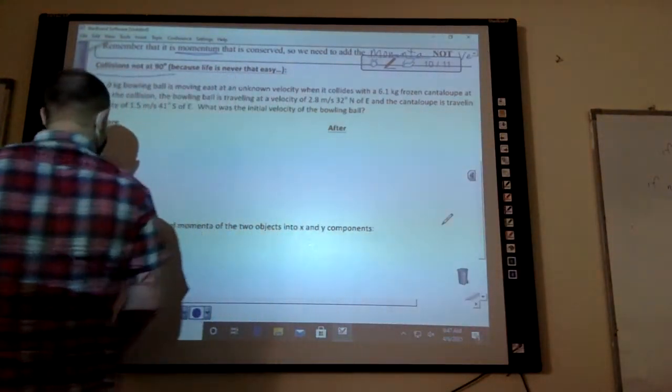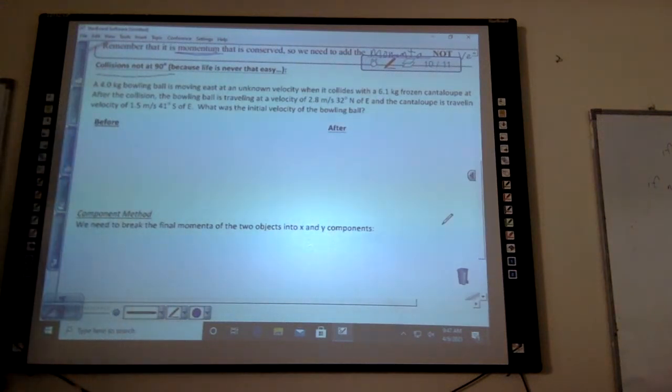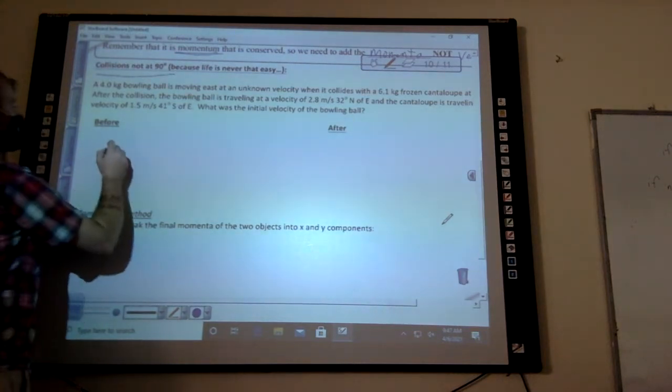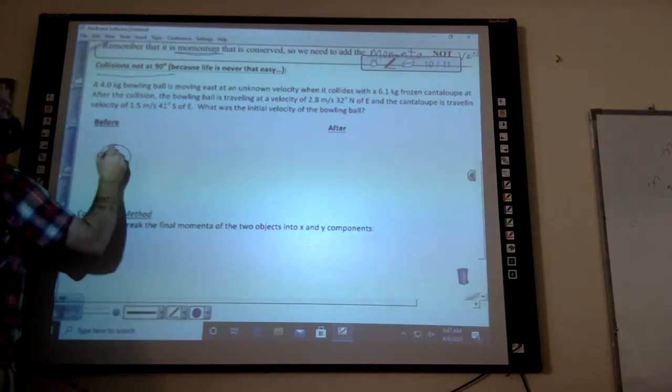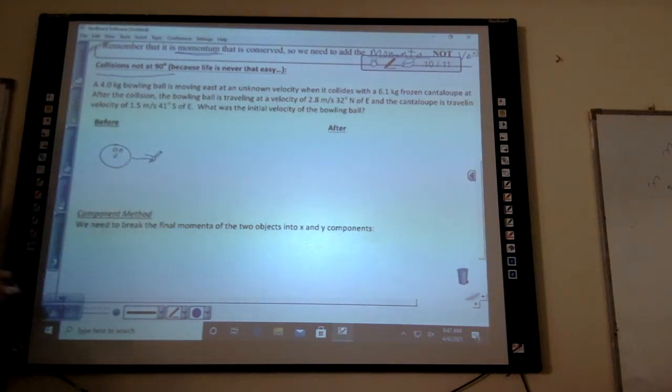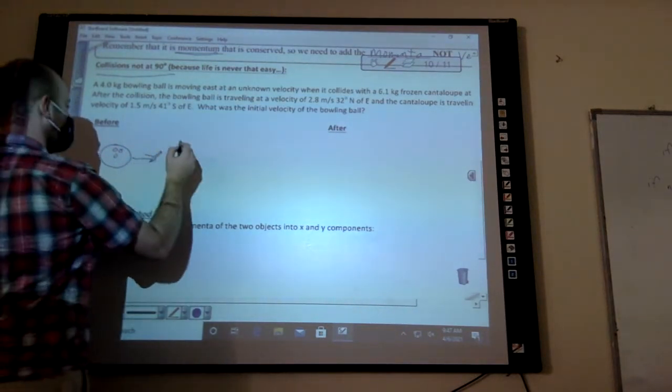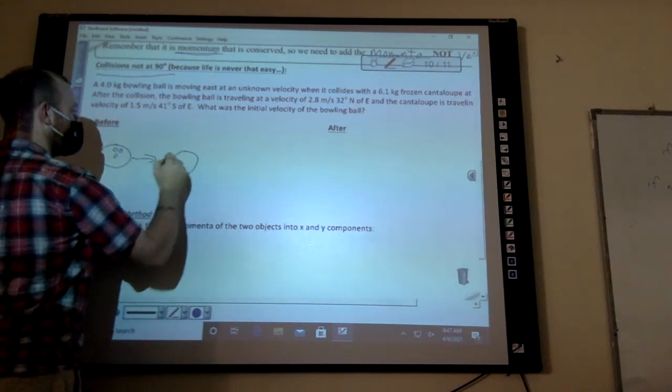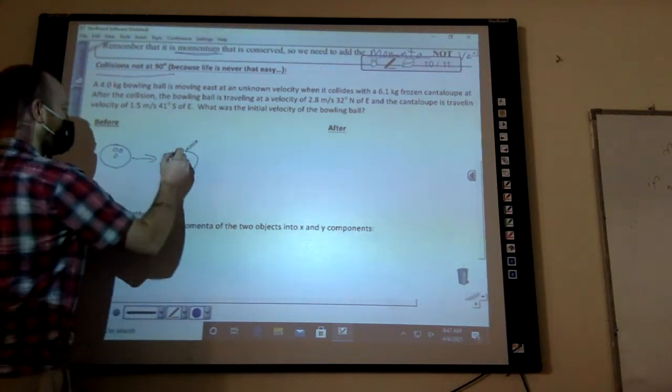So lots of physics. We need to draw the diagrams. You don't have to. It just makes your life a whole lot easier if you can visualize what's going down. So that's why I typically draw this out. So we've got our bowling ball here. It's moving east. I don't know how to draw cantaloupe. Cantaloupe.